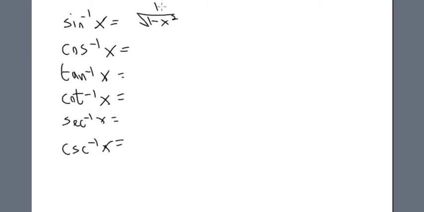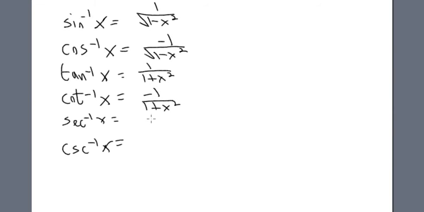Inverse cosine, as you might guess, is negative 1 over the square root of 1 minus x squared. Inverse tangent is almost the same thing, except for no square root on the bottom, and it's 1 over 1 plus x squared. Inverse cotangent is the same thing, but negative 1 over 1 plus x squared.